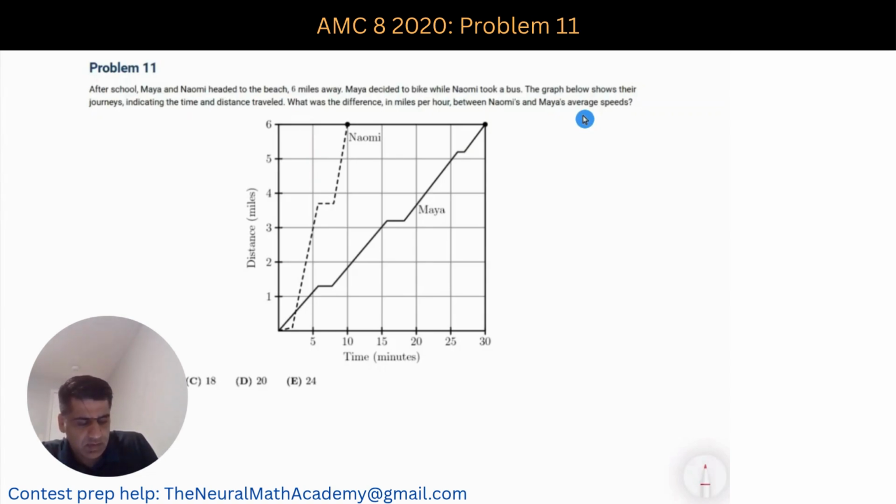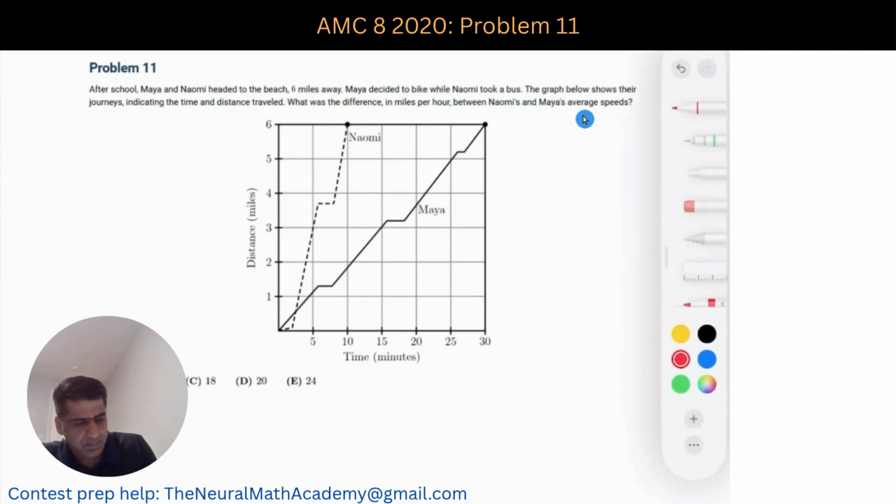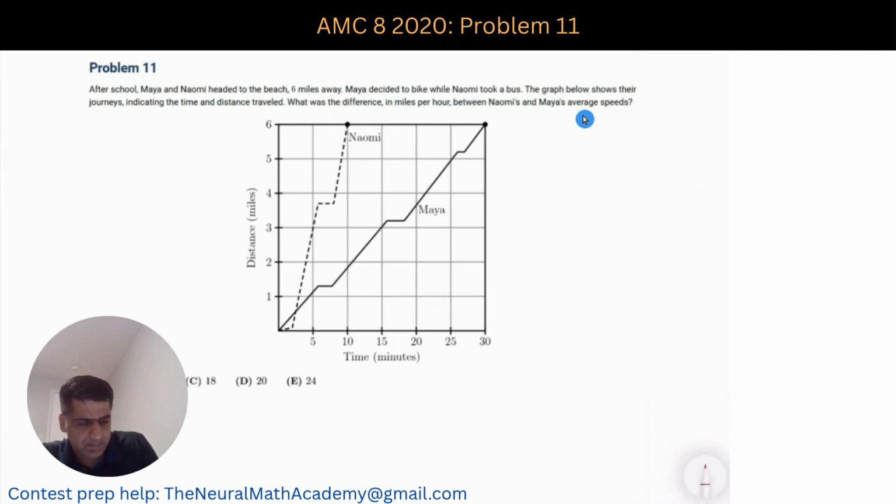So as we know, the formula for calculating the speed is simply distance over time. So the distance that was covered by Maya, that was 6 miles.